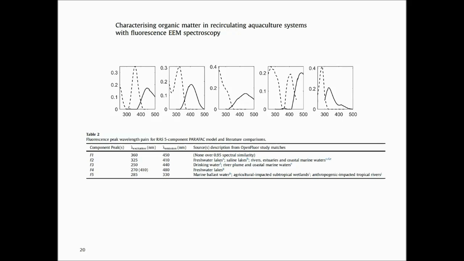And the matches they found were linked to freshwater lakes, saline lakes, rivers, estuaries, marine waters, drinking water, and also agriculturally impacted wetlands.